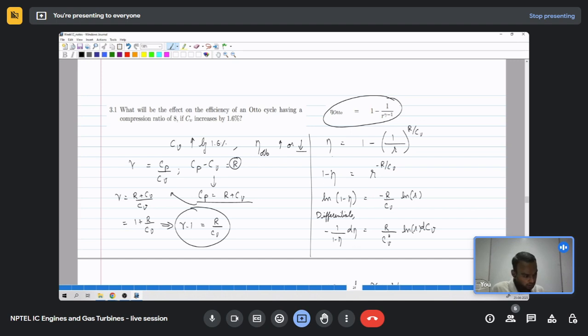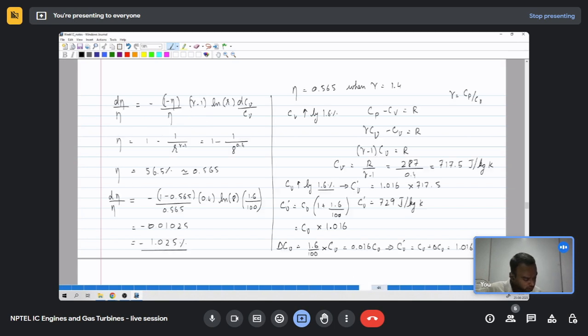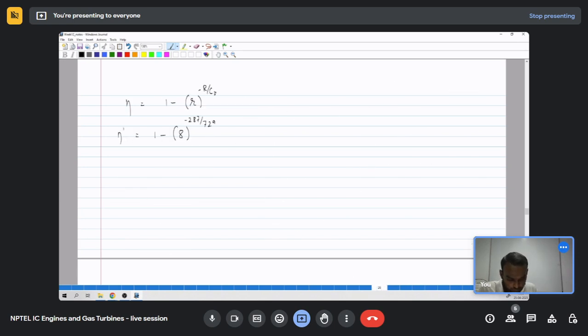Eta is equal to 1 minus e power minus R by CV. Now eta prime will be 1 minus e power minus R, which is 287, by CV, which is 729. So what is the new efficiency?